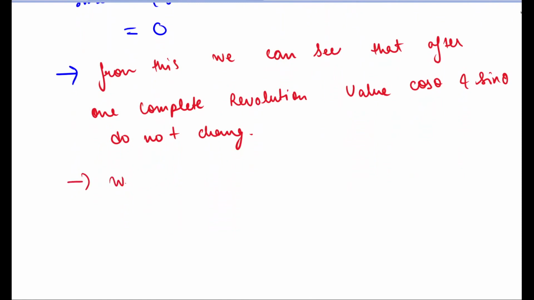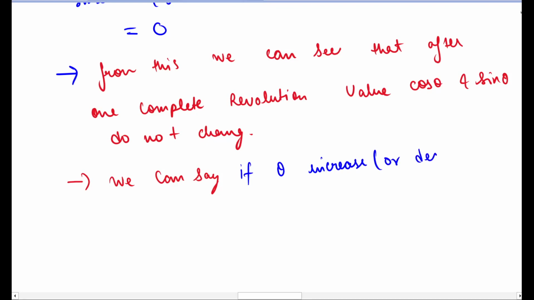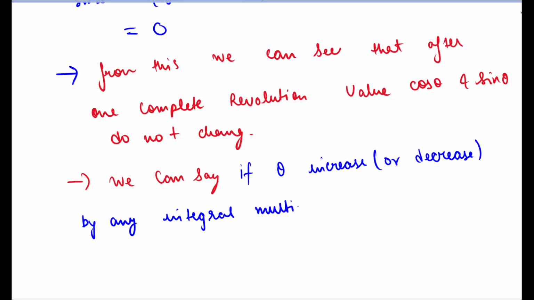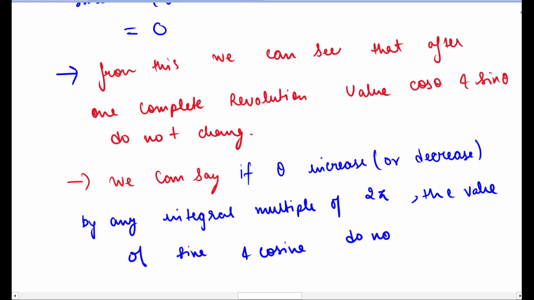So mathematically we can say if theta increases or decreases by any integral multiple of 2 pi, the values of sine and cosine do not change.